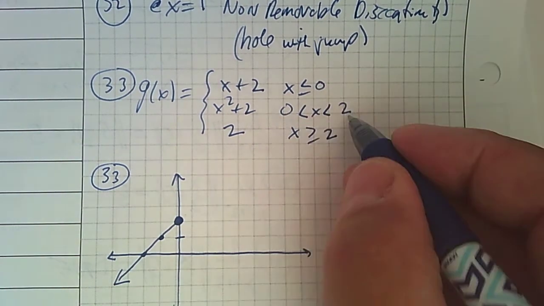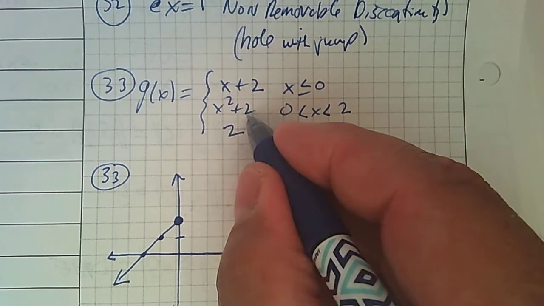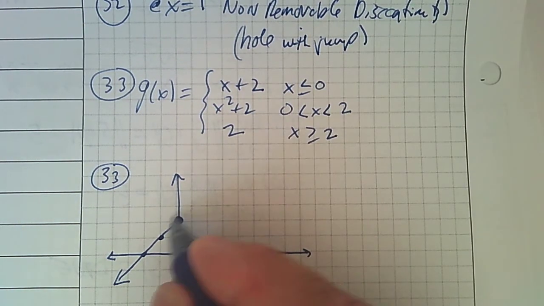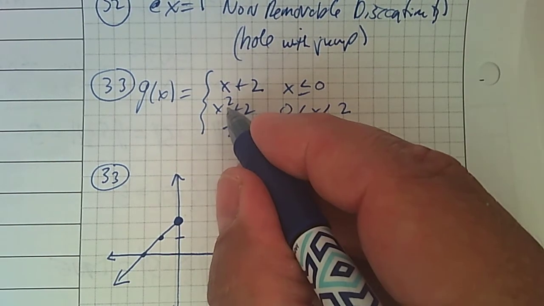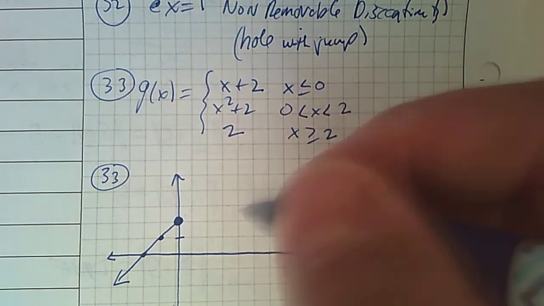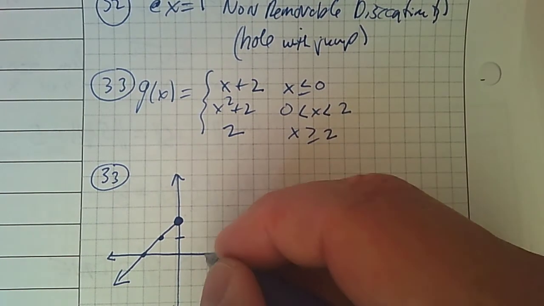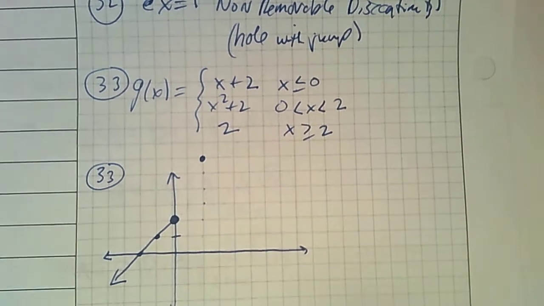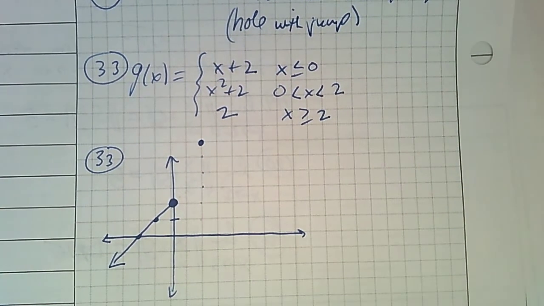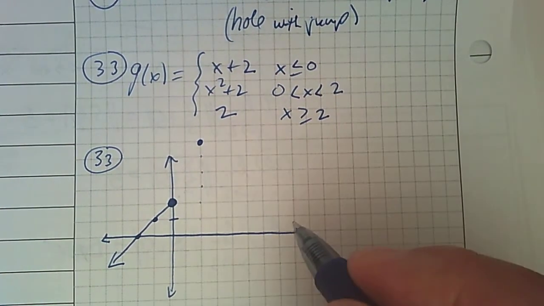Now what happens between 0 and 2? So plug in 0 and I get the answer 2. So I don't need to put a hole over that, it's there. Plug in 2 and I get the answer 4 plus 2, which is 6. So 2 and 6. 1, 2, 3, 4, 5, 6, right here. Now, the only thing I need to be concerned about is what shape is this?